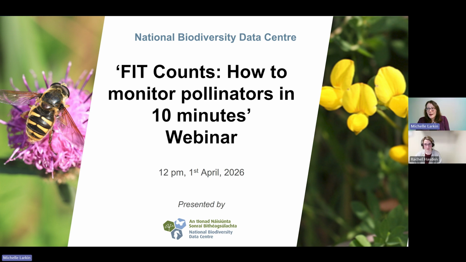The UK have done some work on this. They set up the fit counts before ourselves. They developed it, so they actually have done some statistical analysis, but there's more data that they want to feed into it. If you want to have a look at what they've done with their fit counts, you can go onto their UK Pollinator Monitoring Scheme website, and they have a report there.